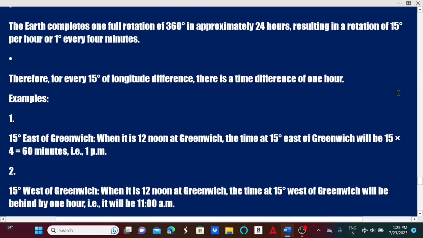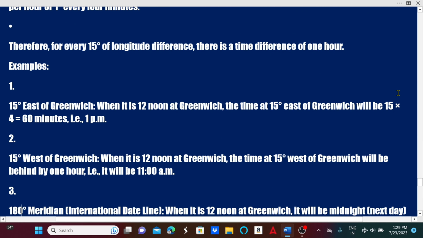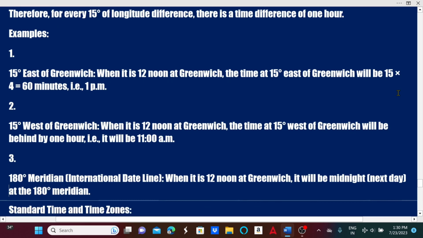When it is 12 noon at Greenwich, the time at 15 degrees west of Greenwich will be behind by 1 hour. Okay, clear. It means वहाँ पे कितने बज रहे होंगे, 11 o'clock हो रहे होंगे. अगला 180 degrees meridian, international date line. When it is 12 noon at Greenwich, it will be midnight next day at the 180 degrees meridian.